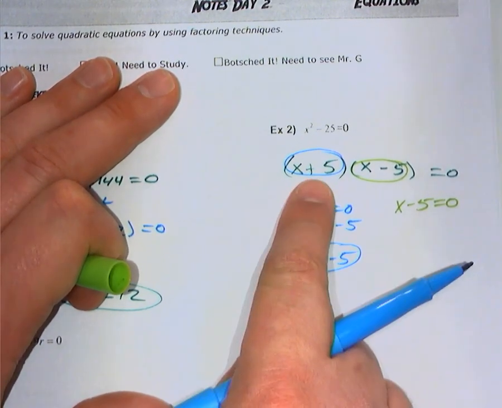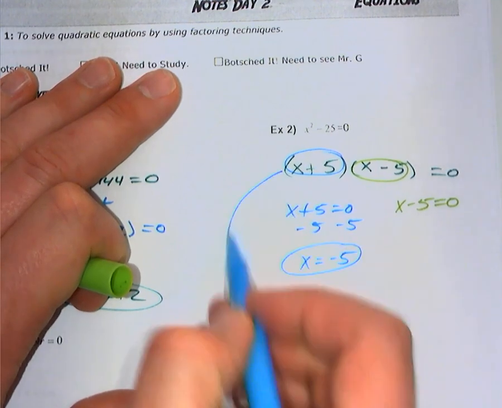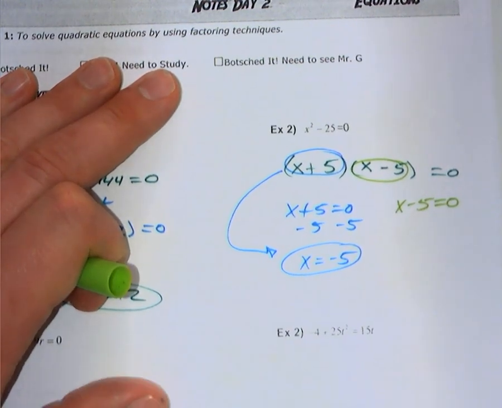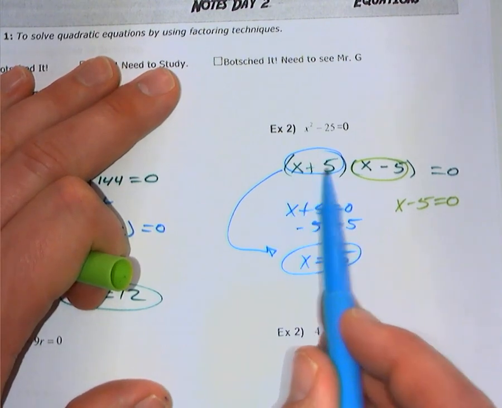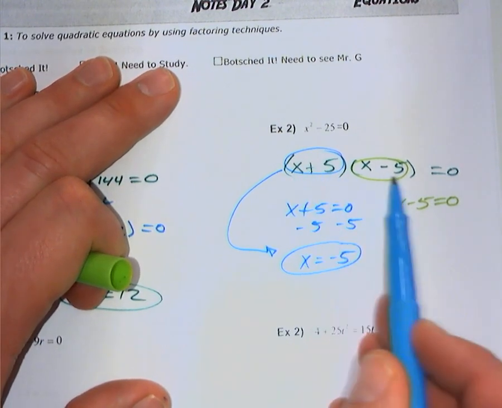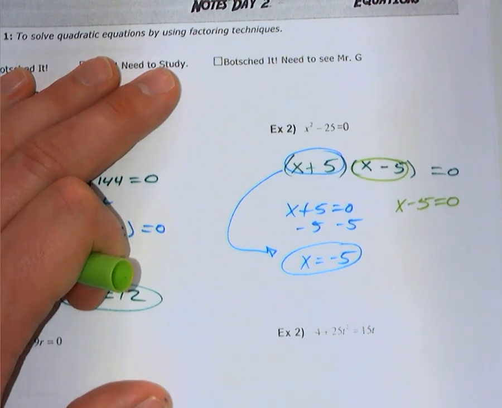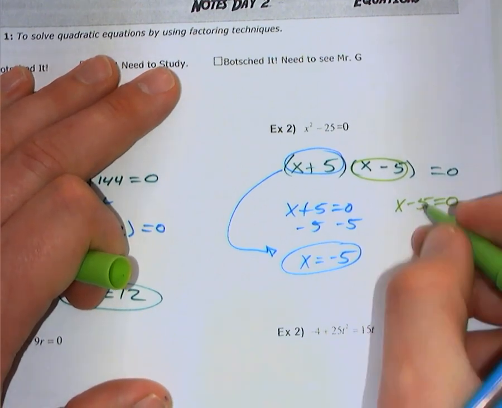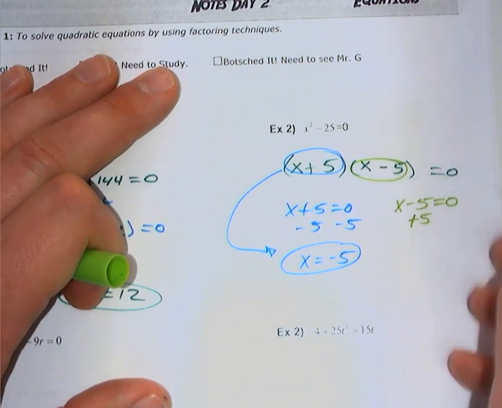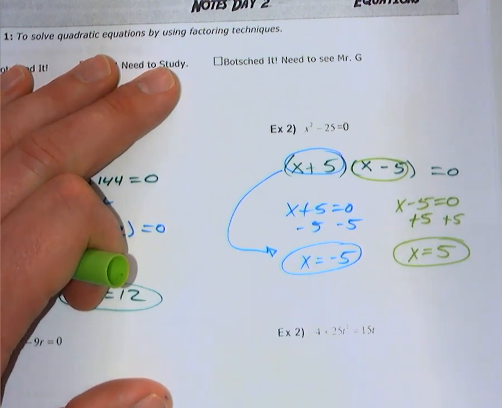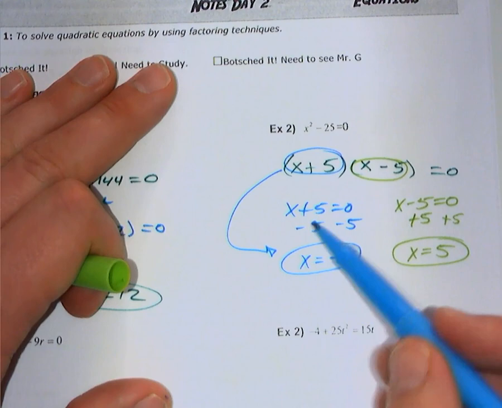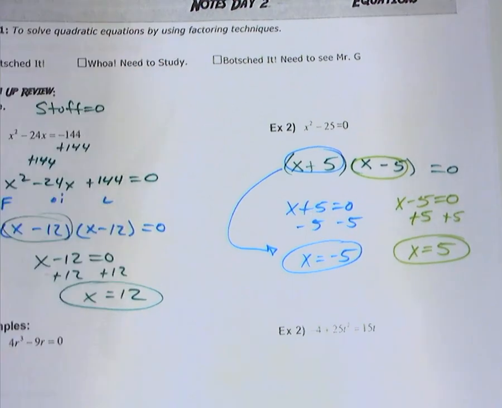I always just do opposite of what I see, so I usually go from this step to this step, and you can too. I just do opposite of what I see in parentheses because negative 5 plus 5 turns into 0, and 0 times anything is 0. Okay, so you can do it too. You see x minus 5, you can go right to x equals positive 5. I do not need to see this work right here.